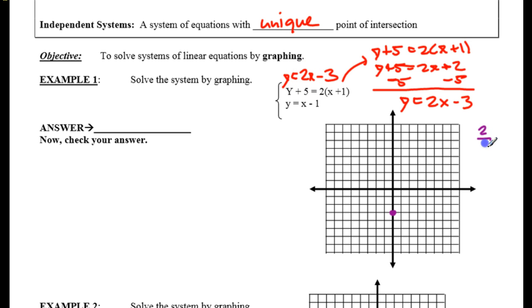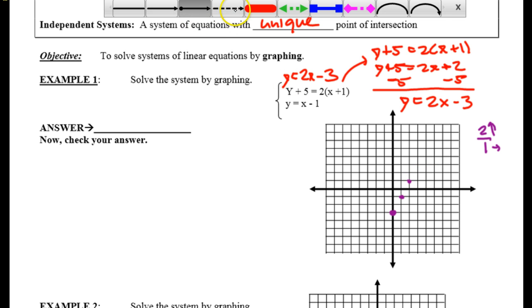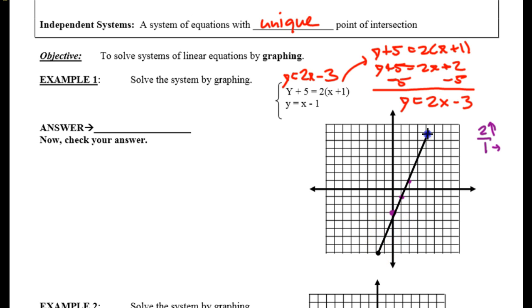Remember 2 is 2 over 1. That means we're going to go up 2 and right 1. Okay? And now with the straight line, we're going to connect that. Alright, best we can there. Let me do that again.